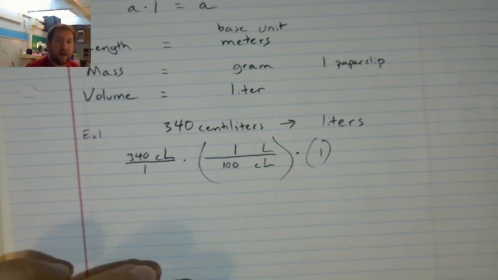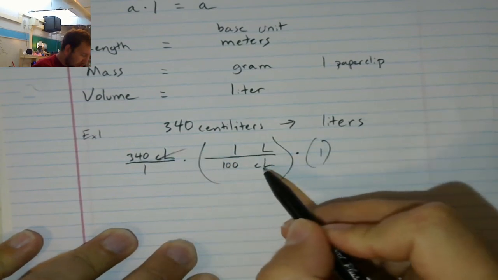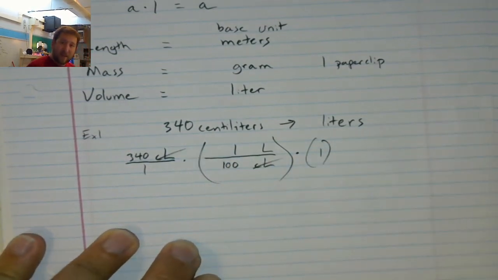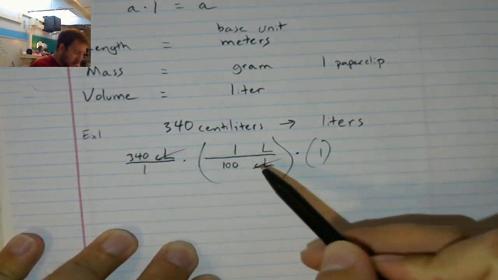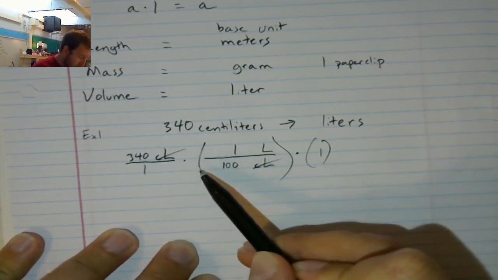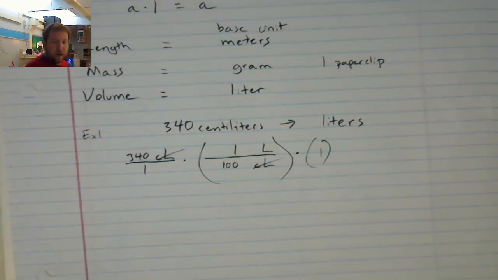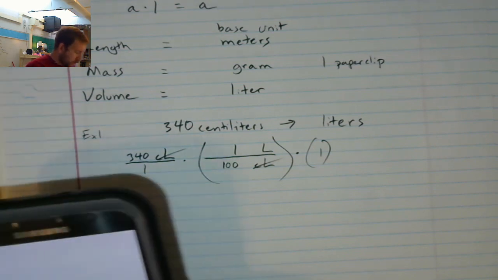Now this is kind of how I do the math part. Okay, I have centiliter and centiliter. I can cancel them out. Now I have 340 divided by 100, because notice 100 is on the bottom. So I can take my little calculator. I forgot to grab a calculator. Let me get my little phone up and ready. Sorry, should have had it ready before. Calculator. 340.